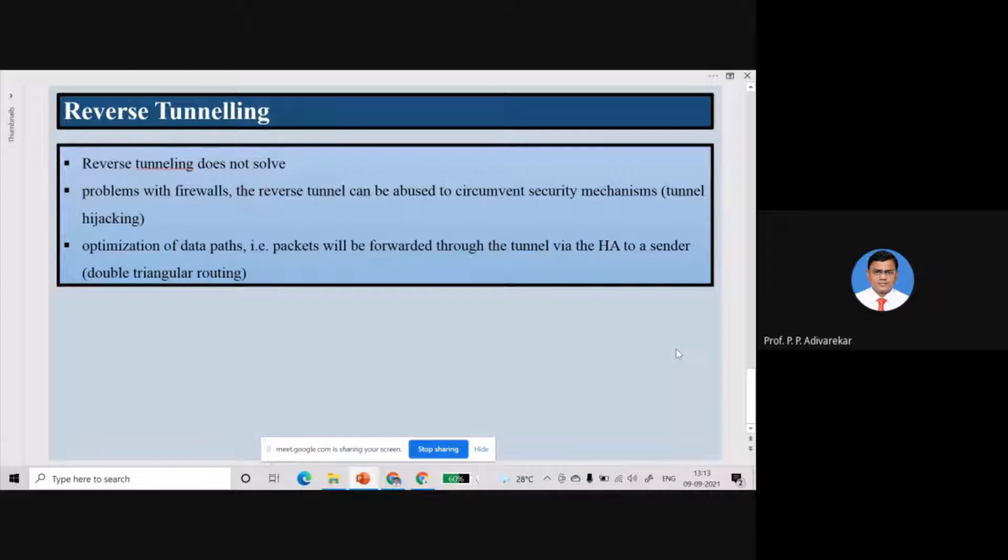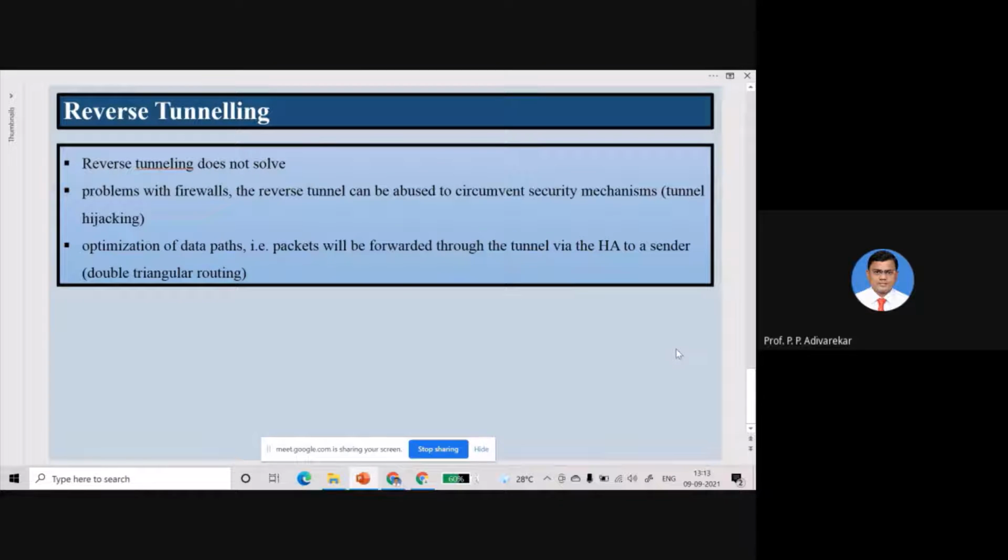In order to avoid any intruder or hijacker hijacking the information, firewalls are implemented at the foreign agent. These firewalls are used for filtering out malicious addresses from the administrator's point of view.